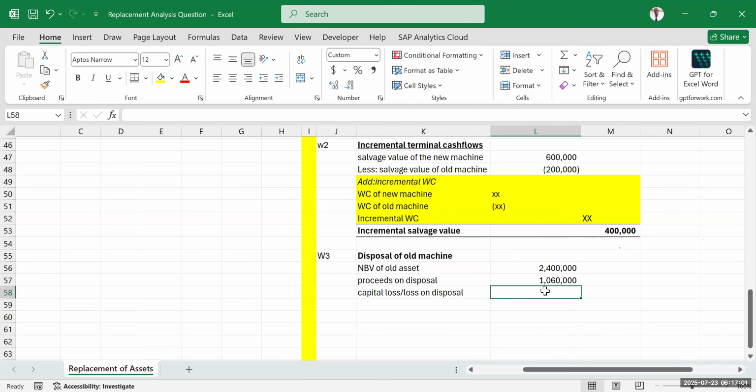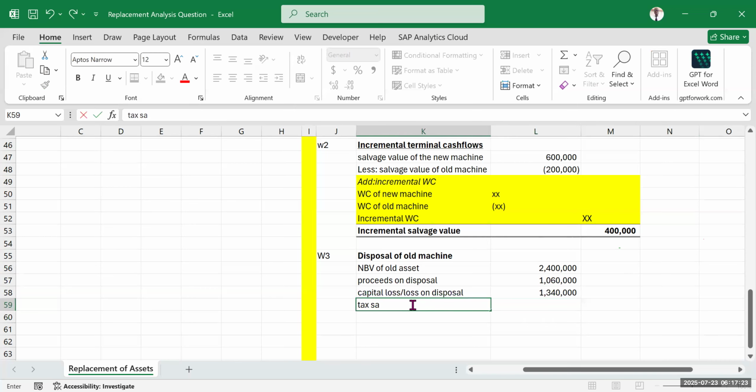So for the loss on disposal, we compare and we say, if the net book value was 2.4, then we can only get 1060 out of it. We've lost some 1.34 million. If it is a loss on disposal, then it is a tax saving to us. If it is a gain, we pay tax on it. So because it is a loss, we talk about tax saving. How much are we saving?